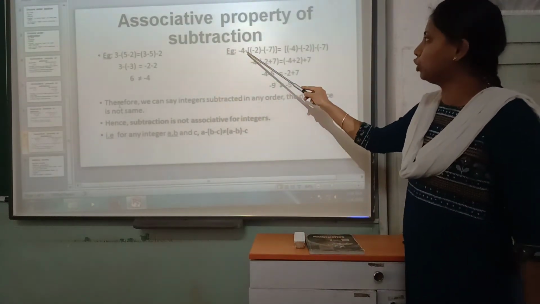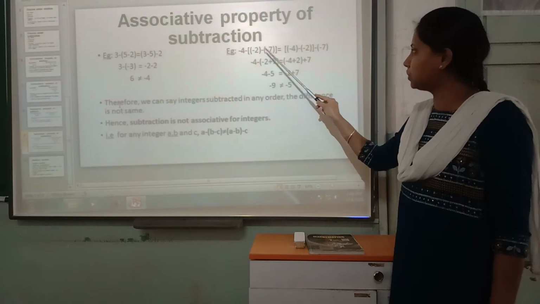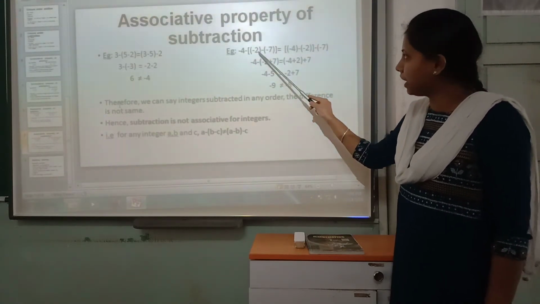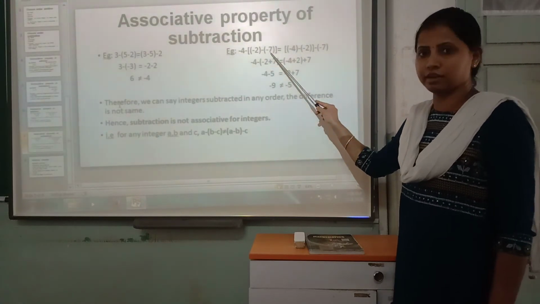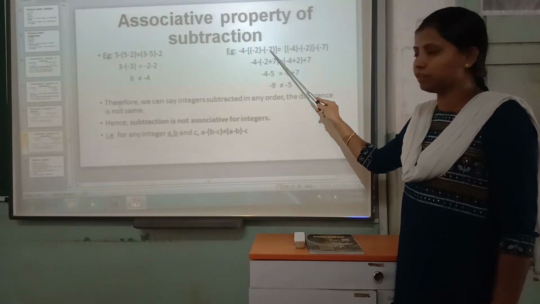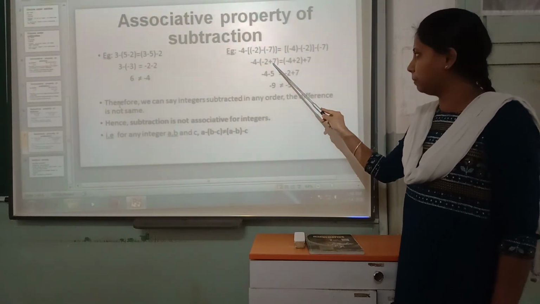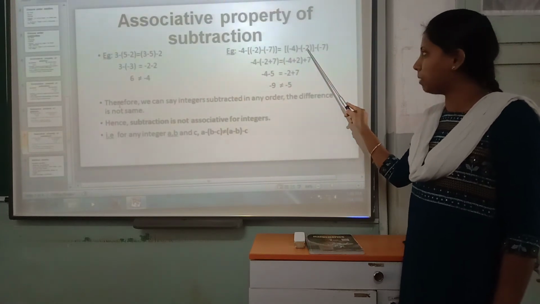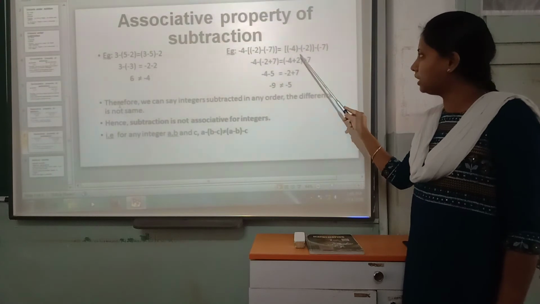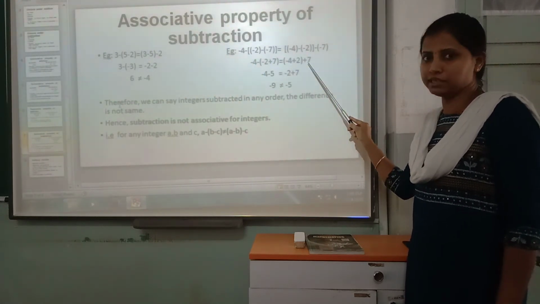In the next example also, −4 is one integer, −2 is another integer and −7 is the third. Firstly we subtract −2 and −7: −4 − (−2 − (−7)), so −4 as it is, minus of (−2 + 7). In the other grouping, we subtract −4 and −2 first: (−4 − (−2)) − (−7), so −4 + 2 is −2, and minus into minus 7 becomes plus 7.